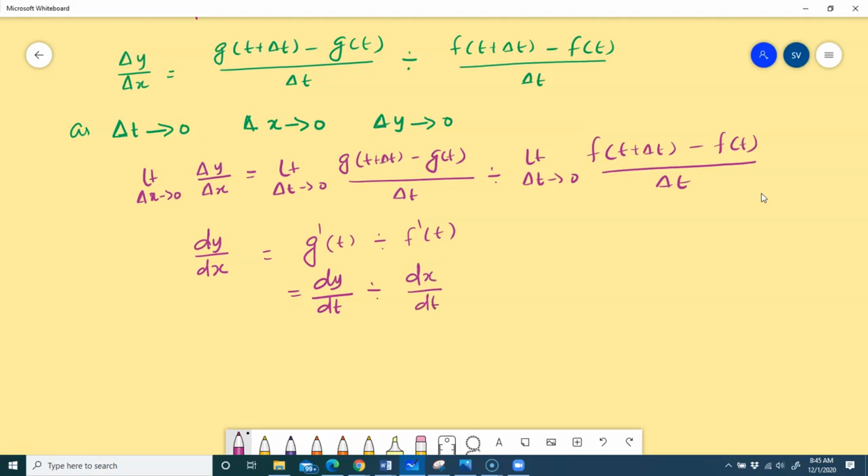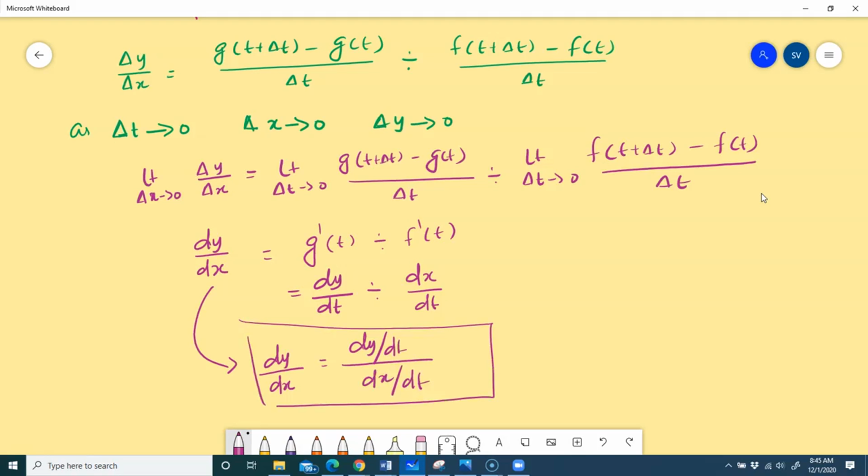From this we can conclude our equation like this: dy by dx is equal to dy by dt over dx by dt. This is the way we are getting the formula. We are generating the formula for parametric differentiation. I hope this answers your question how I am getting this equation for parametric differentiation.